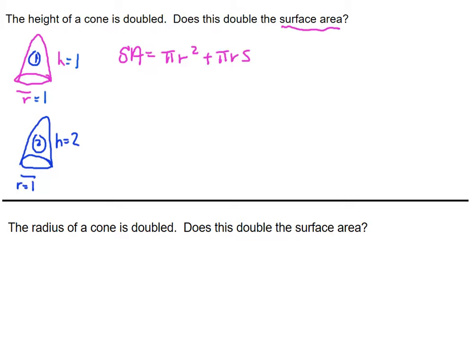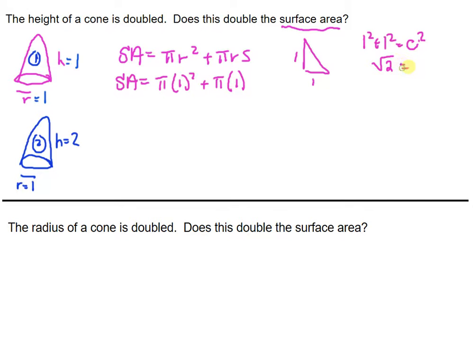Okay, so for the first surface area, let's actually solve for this. So pi r squared, r is 1, so r squared, perfect, plus pi r s. Again, we have the slant, this is 1 and this is 1. So 1 squared plus 1 squared equals c squared. So this is root 2 equals c.